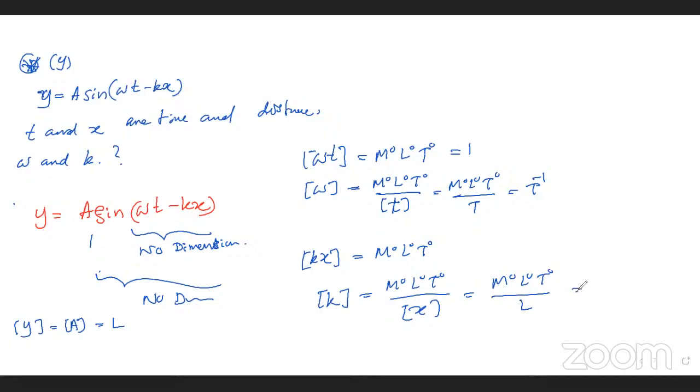So its dimension is L^-1. So these are the dimensions of k and omega. That's the way you write it. If there is an exponential or any power of a quantity, those exponents should have no dimensions, so you don't need to consider dimensions for them.